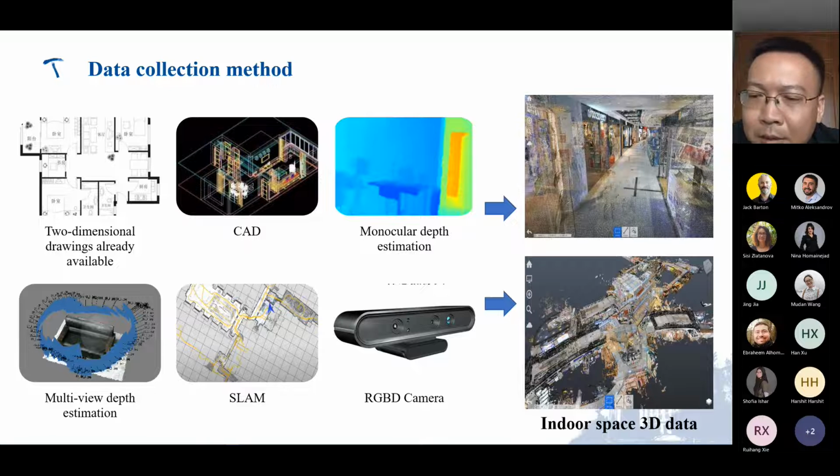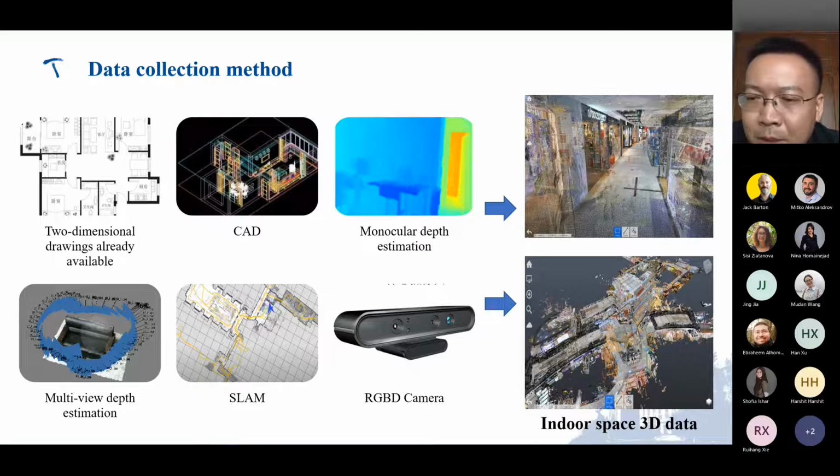it's not like the outdoor, because outdoor we can use the very flexible way to acquire the large-scale data set, but for the indoor, it's more difficult because we have to travel along the trajectory in the indoor space.